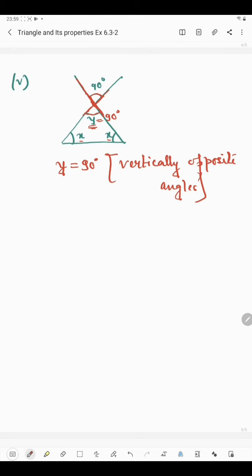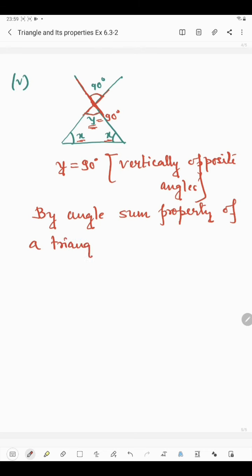Now these are the angles of a triangle. So we will write by angle sum property of a triangle. We will have to write the property always. Okay, so by angle sum property of a triangle, y plus x plus x is equal to 180 degree.